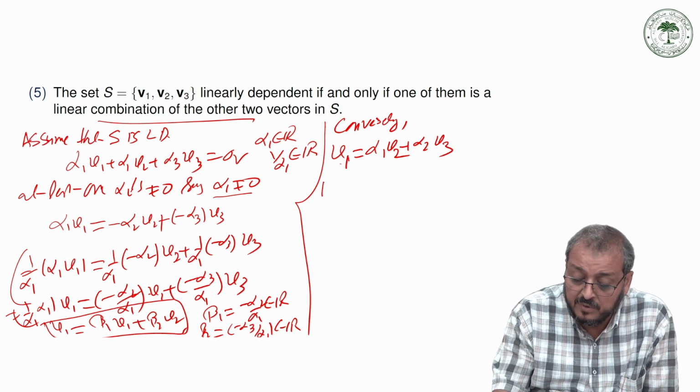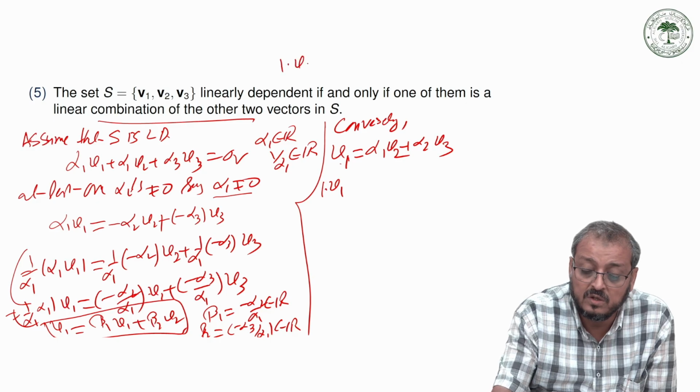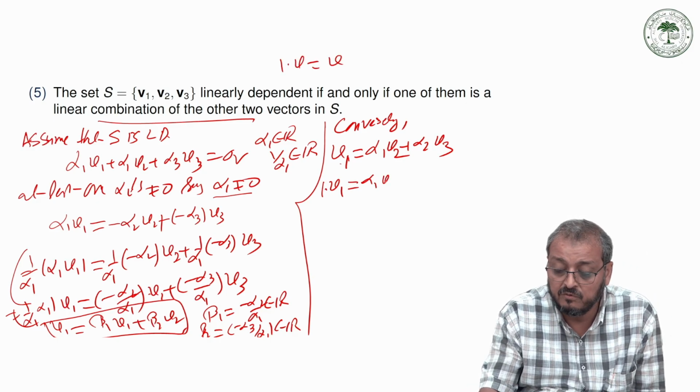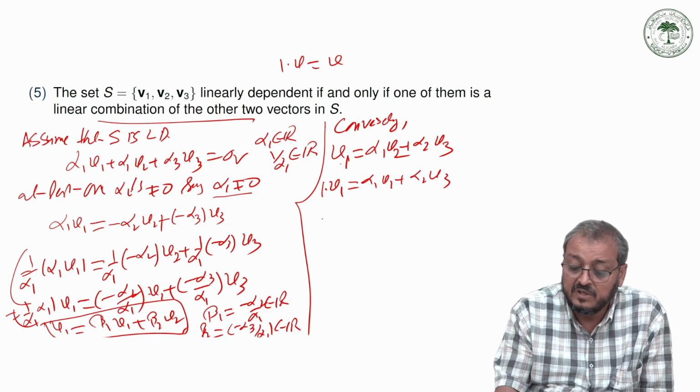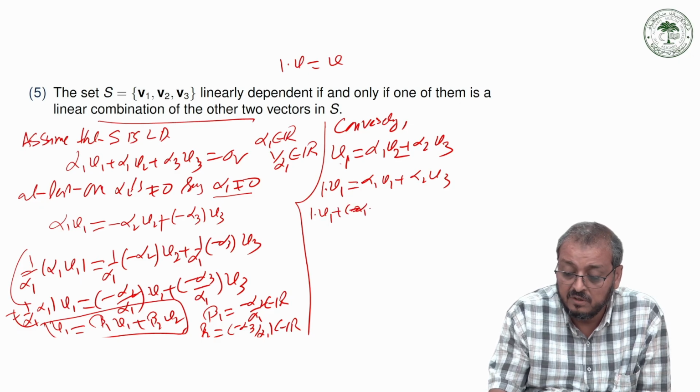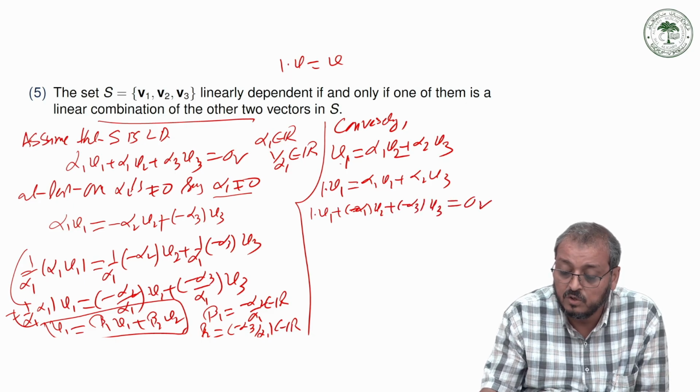Now v1 can be written as 1 into v1, because we know that 1 into v is equal to v. So this is equal to alpha 1 v2 plus alpha 2 v3, and this can be written in the form of 1 into v1 plus minus alpha 1 v2 plus minus alpha 2 v3 is equal to the 0 vector.